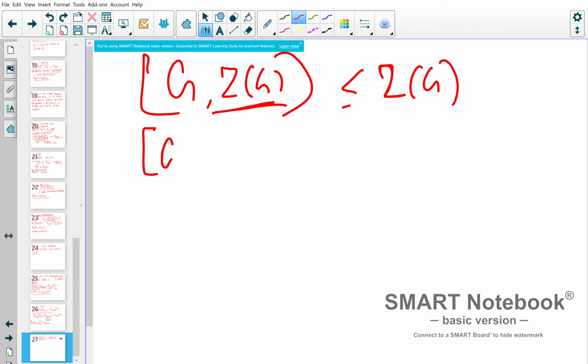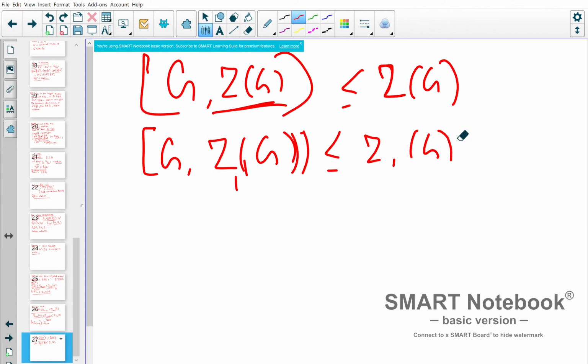Similarly G into Z_1 of G will again be inside Z_1 of G. I think I am missing something here.